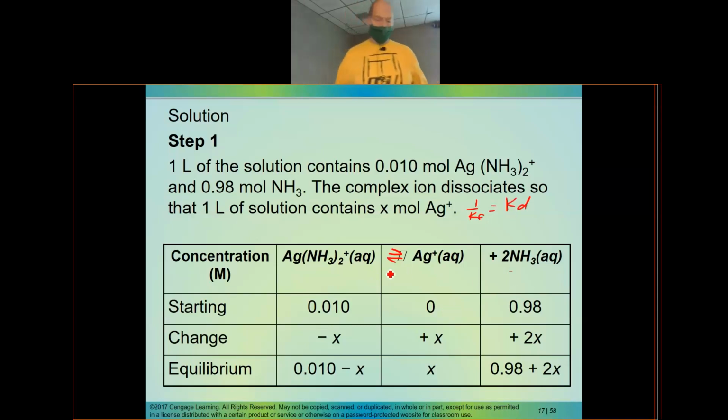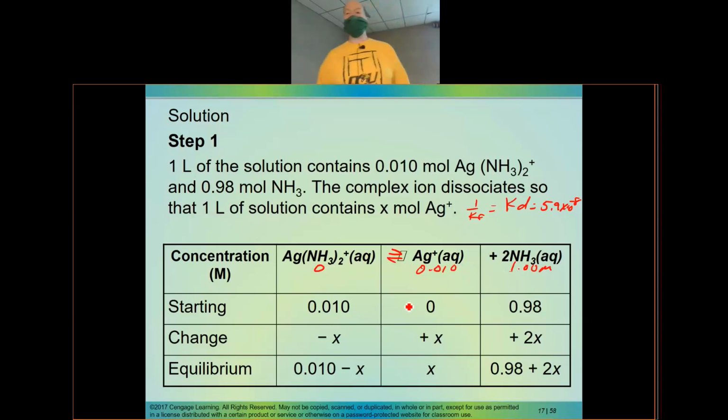When you take your 1.7 times 10 to the 7th and you invert it, you get 5.9 times 10 to the minus 8. Your initial was 1 molar and 0.010 molar and 0 here.